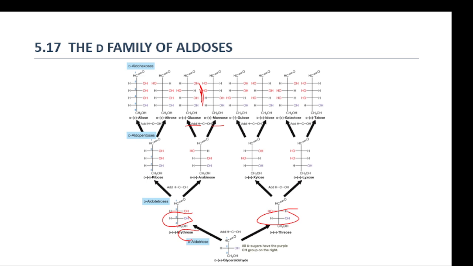Is the OH on the right on this one, then on the left, and then right, right. And then you'd get the other enantiomer, the L enantiomer, by swapping all of those over.